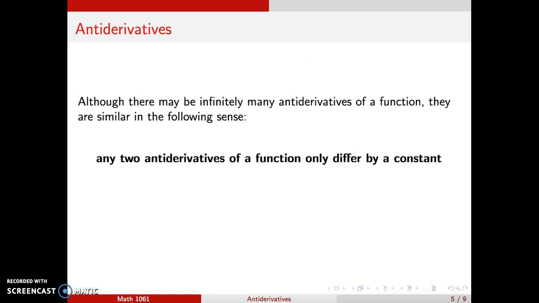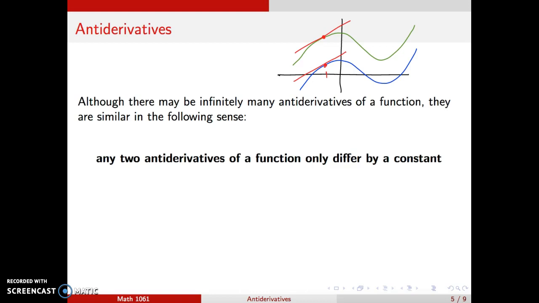If I had a function that looked like this, and then I took the same thing and shifted it up as best I could by however many units, when I'm looking at maybe the tangent line here, it's the same slope.